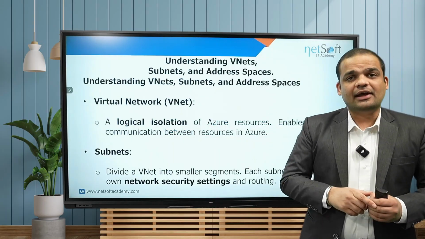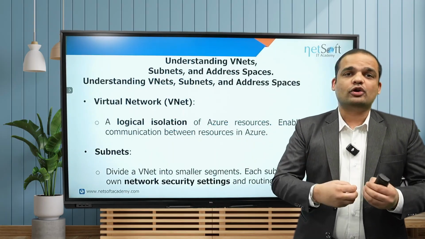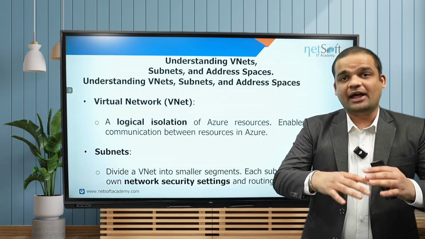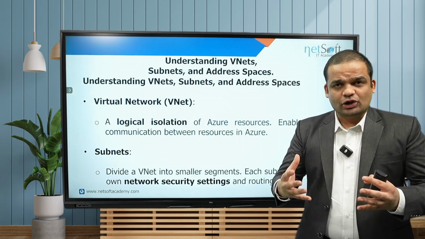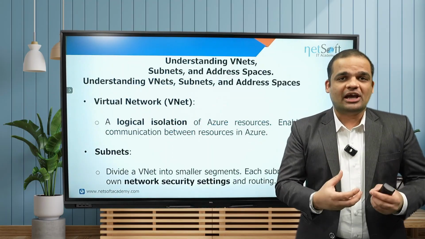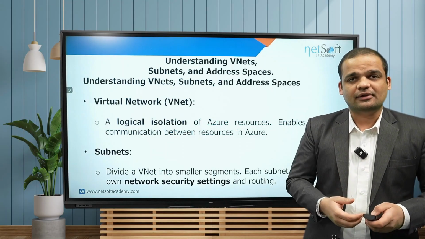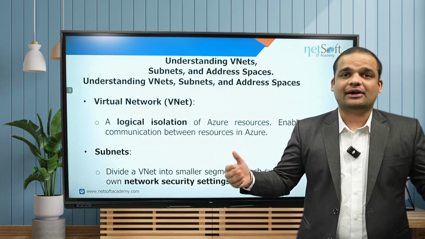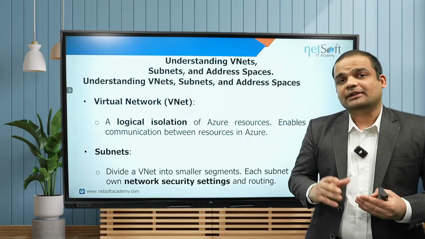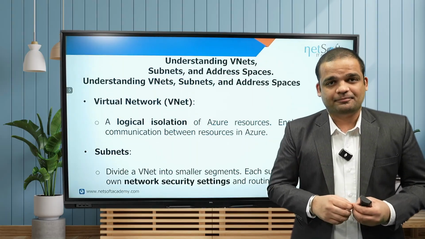A VNet is a foundation of your network infrastructure in Azure and plays a critical role in securing and managing communication between Azure services, plus your on-prem infrastructure as well, if they are connected. Remember, the line of sight must be there.